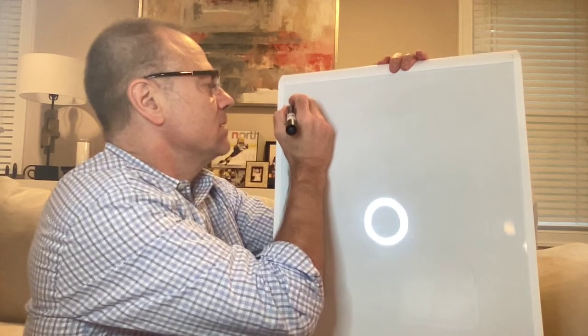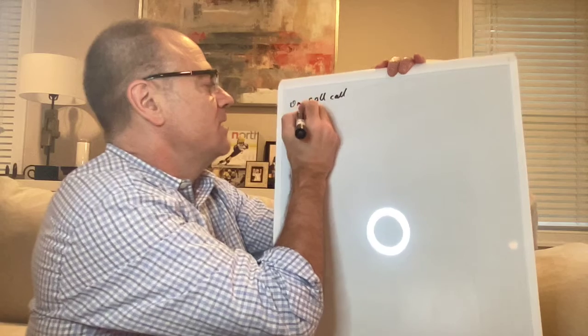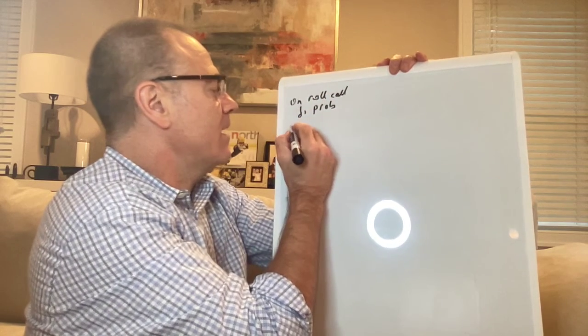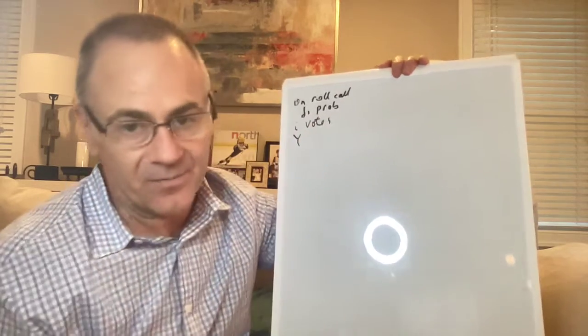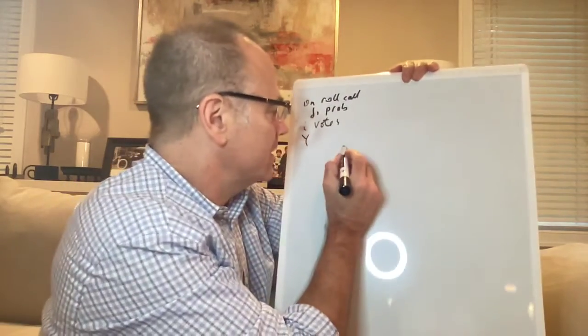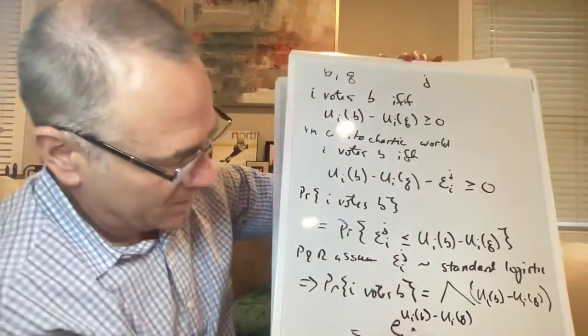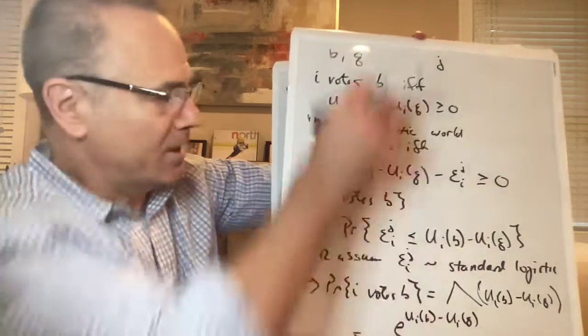On roll call J, the probability that I votes yay is going to be E to the UIB minus UIQ.